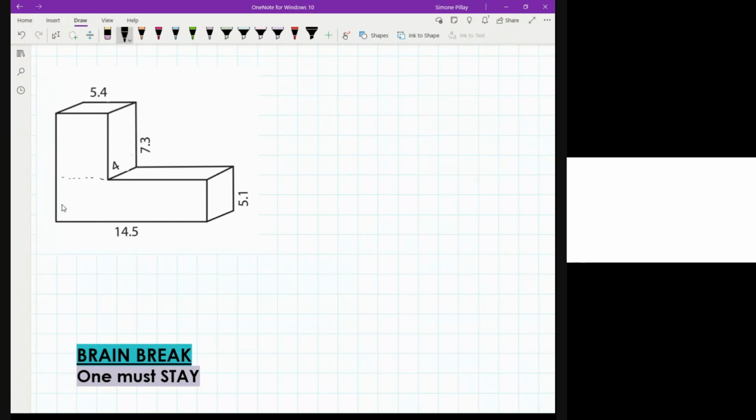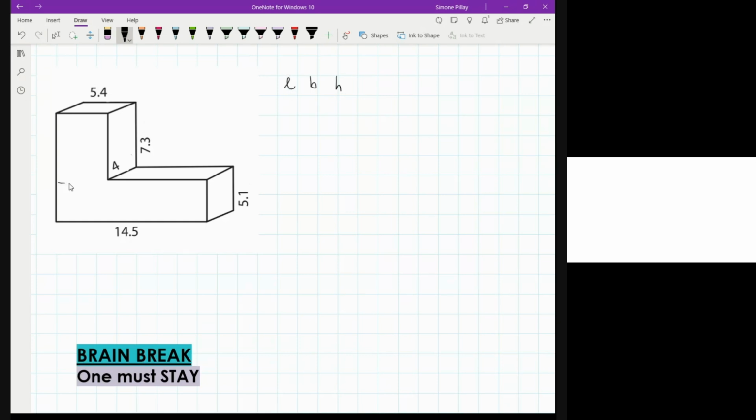Because we're doing only the volume, it's not going to be as complicated when we choose how we break up our shape. But what we must keep in mind is that whatever shapes I break it up into, I need to know how to calculate the volume. So I need to know the length, the breadth, and the height of each one of my rectangular prisms.